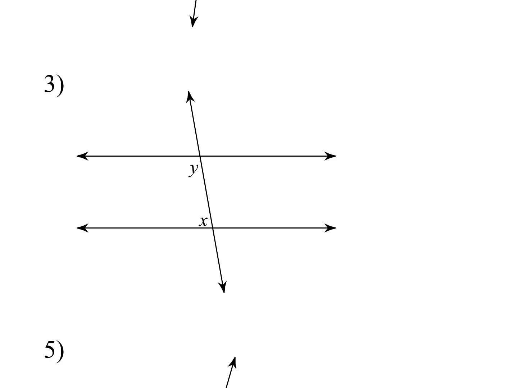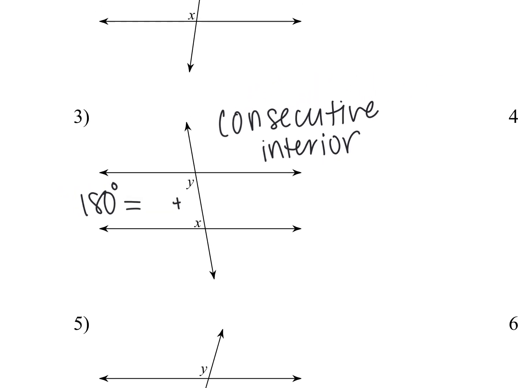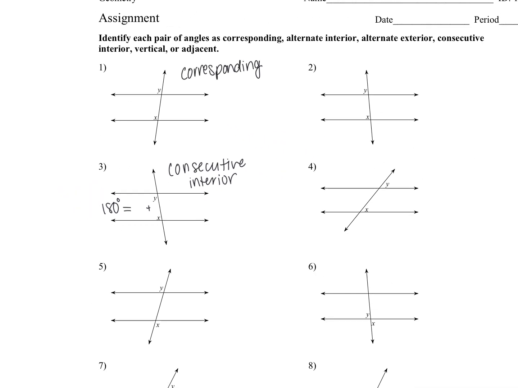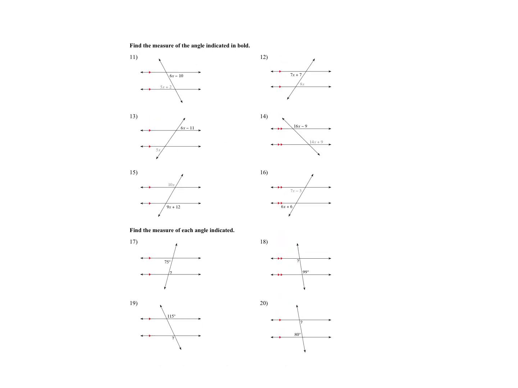Consecutive. Consecutive interior. Please keep in mind consecutive interior angles equal 180 degrees. Everything else is congruent. So just make sure you know that. The rest of this page is for you to do. I'm going to go ahead and go to the next one.